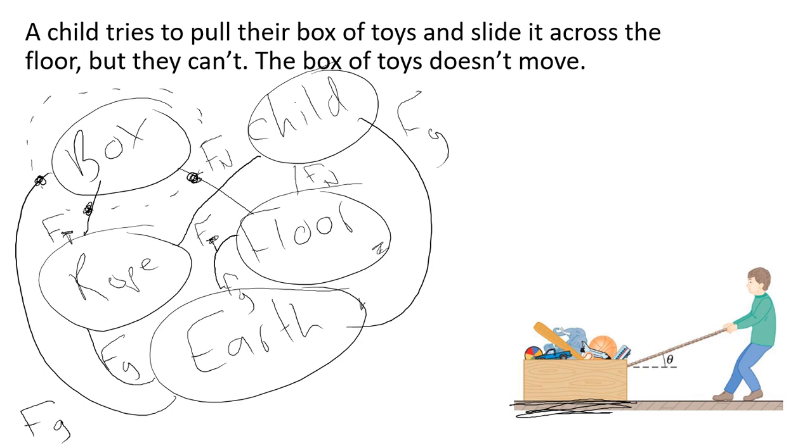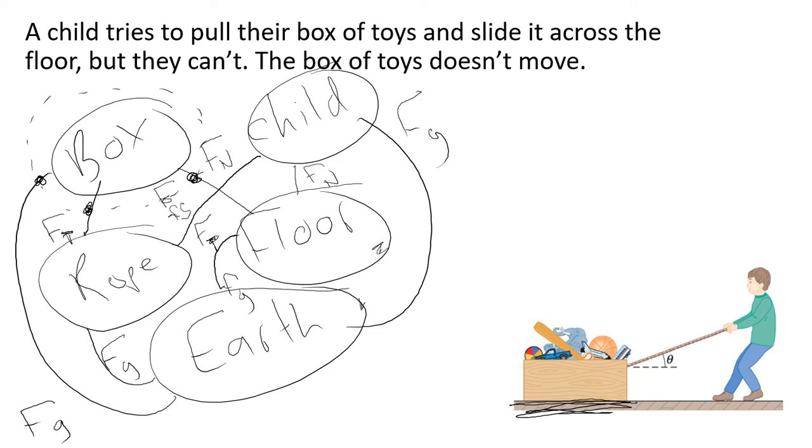But also, we've got friction happening here. That's what's preventing the child from being able to slide the box. So not only do we have the normal force from the floor, we also have friction. Okay. And since there is an attempt at sliding motion, but it's not actually sliding, that's static friction. And so remember, static friction is if something is trying to slide an object, but it can't.